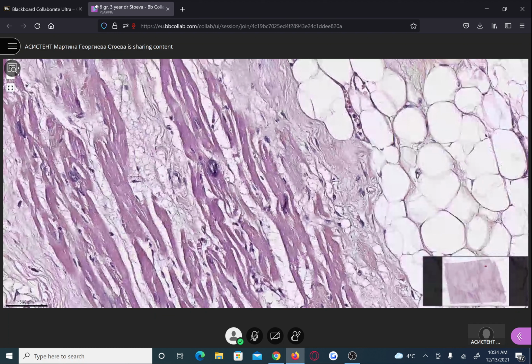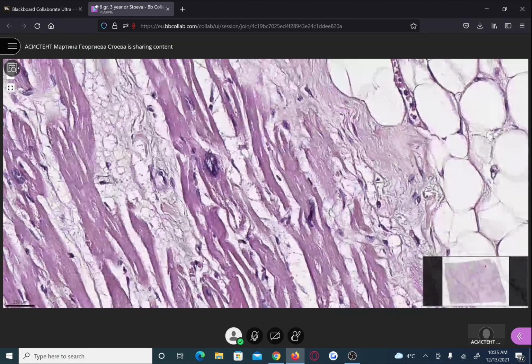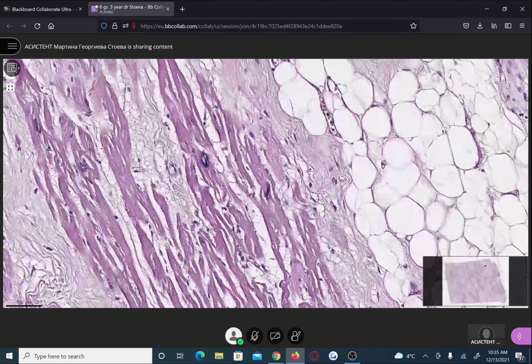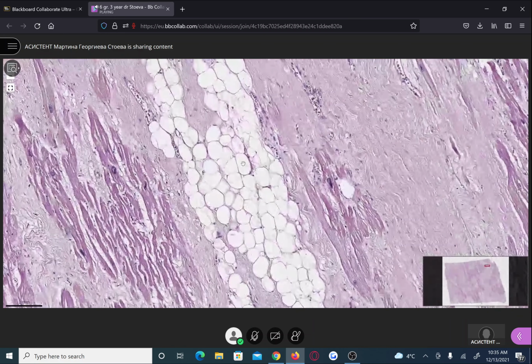So if you call the process fatty degeneration of the myocardium, it means that the lipid deposits are within the cardiomyocytes, which is not true here. So your answer will be wrong. Here we have infiltration by adipocytes, which are mature mesenchymal cells, at an abnormal place. And this process is known as lipomatosis.